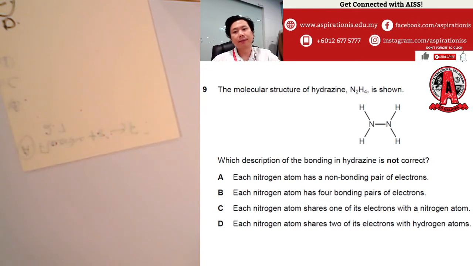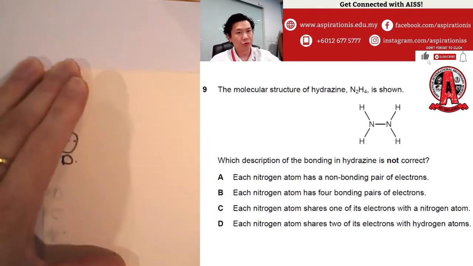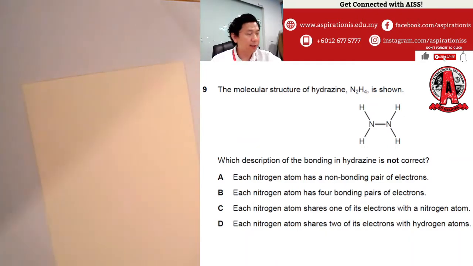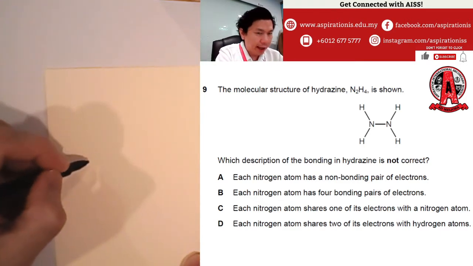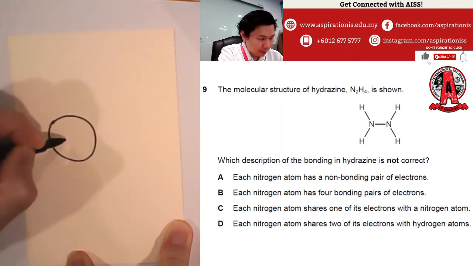Now, since this is about bonding pairs, for the uninitiated, it is highly recommended that you draw the dots and crosses diagram, which I will attempt to do right now. So, hydrazine it is. You will have two atoms of nitrogen.